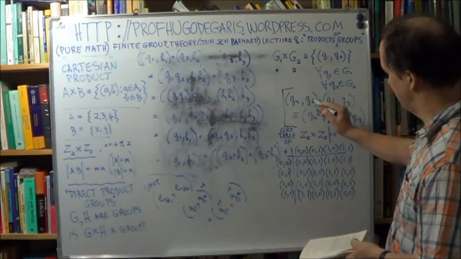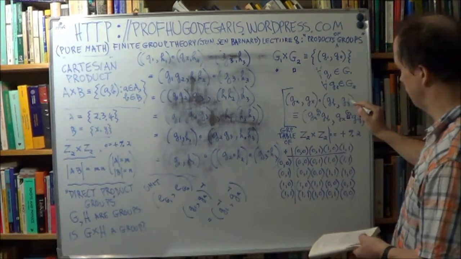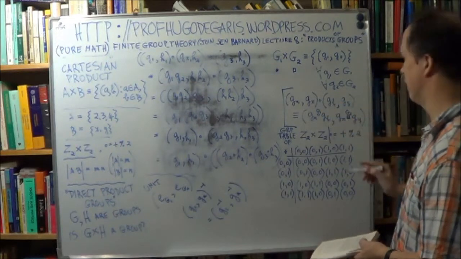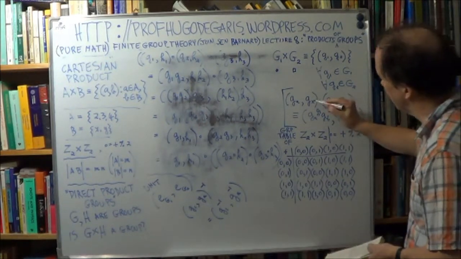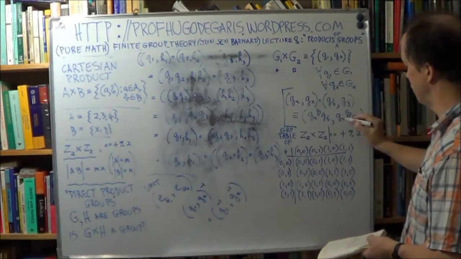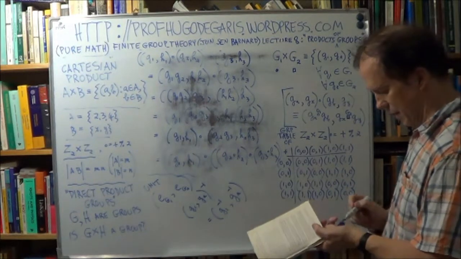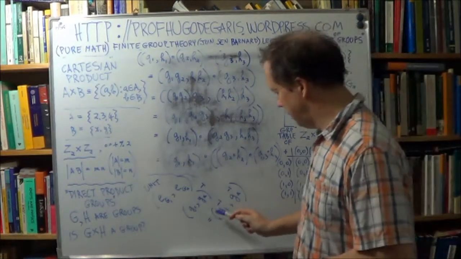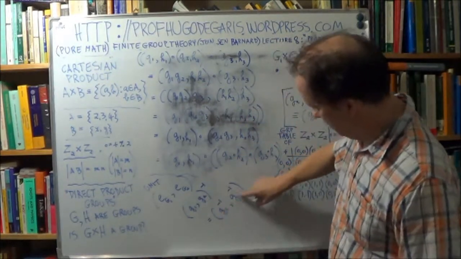And here, this times the unit would just give you that here. So GX times GX inverse gives you the E. Okay? So the inverse of this is just that.